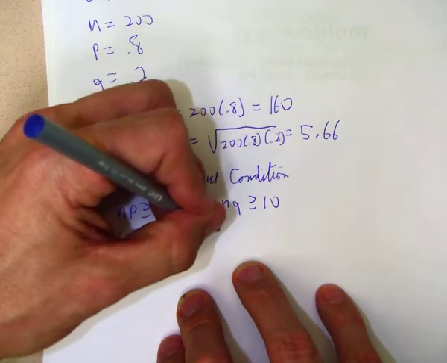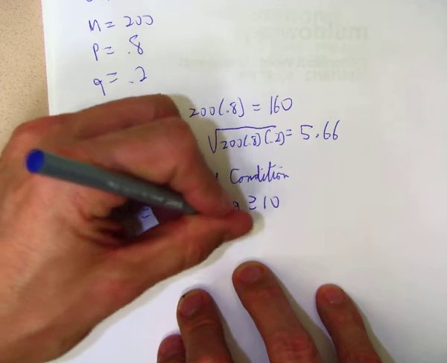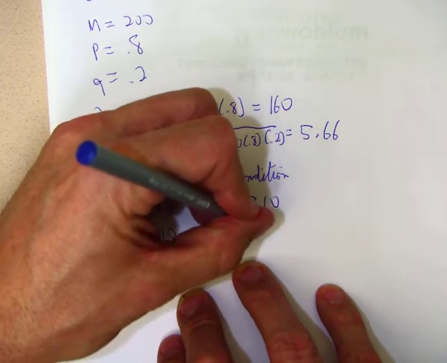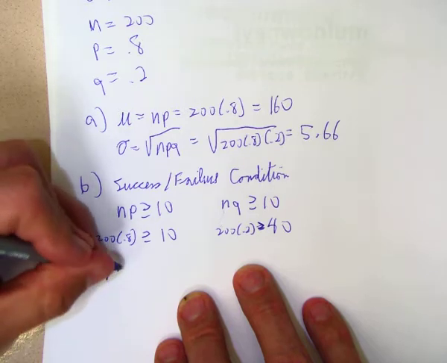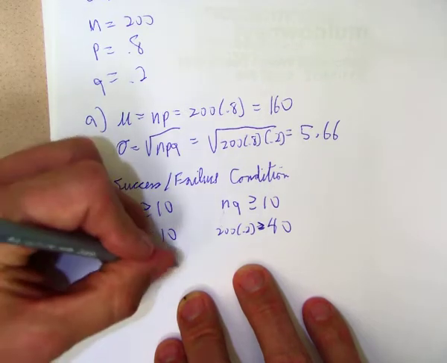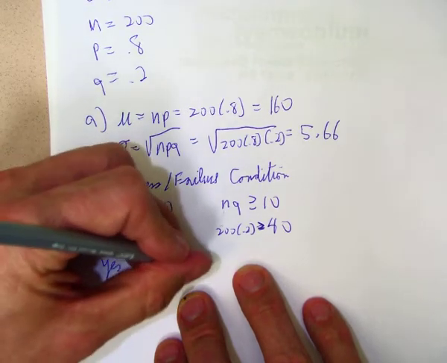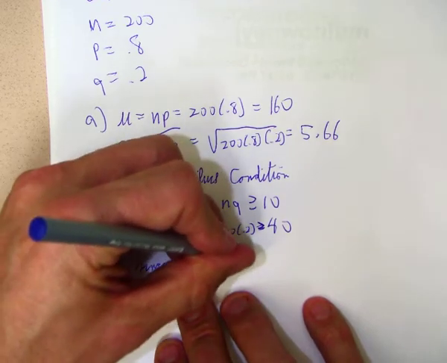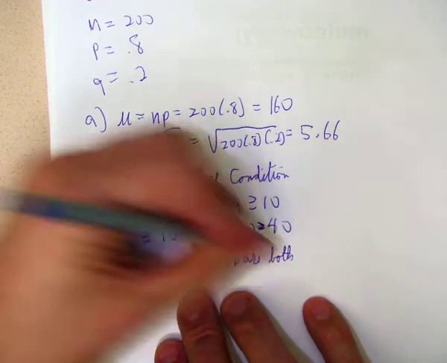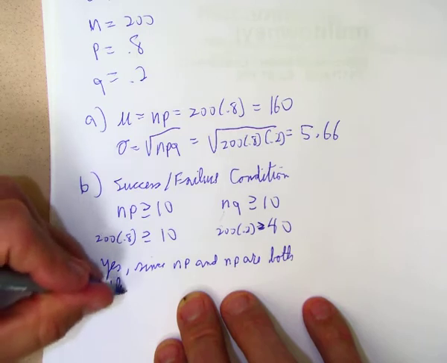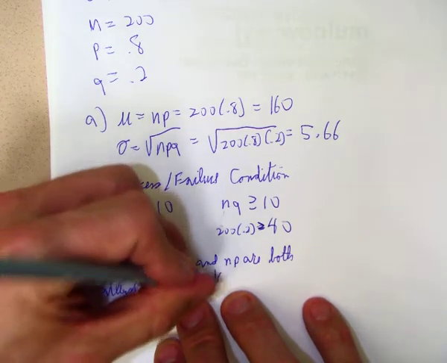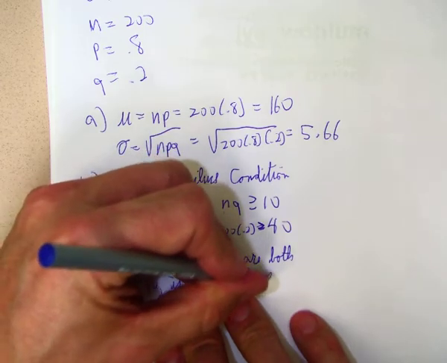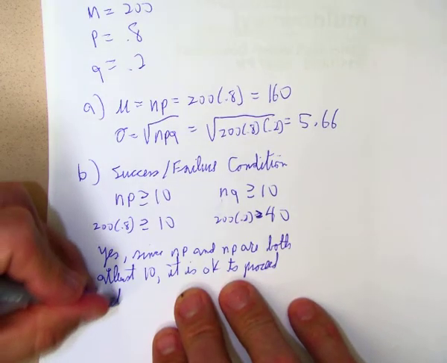And then nq is 200 times 0.2, which is 40, so that's at least 10. So the answer is yes, since np and nq are both at least 10, it is okay to proceed with a normal model.